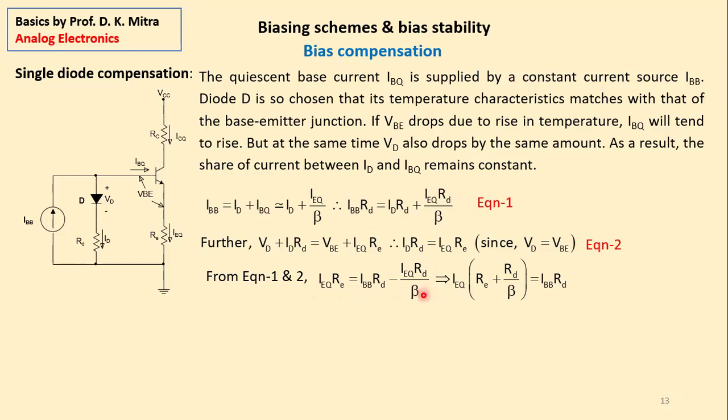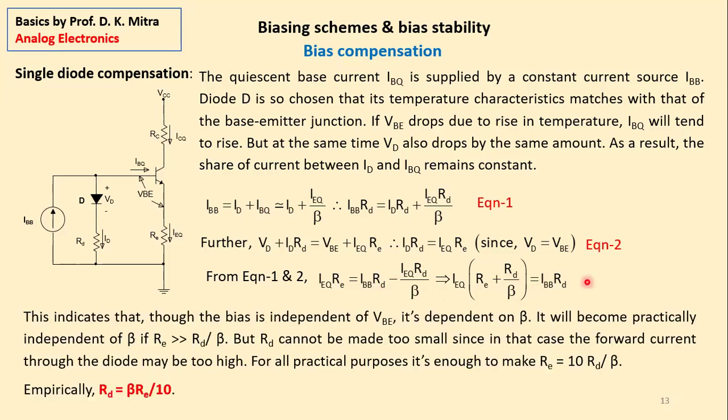IEQ, this IEQ and this IEQ go to the left hand side. So this becomes IEQ into RE plus RD by beta is equal to IBB RD. Fine. This indicates that the bias is independent of VBE.